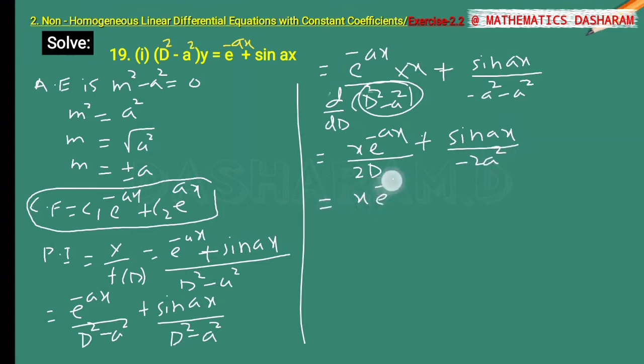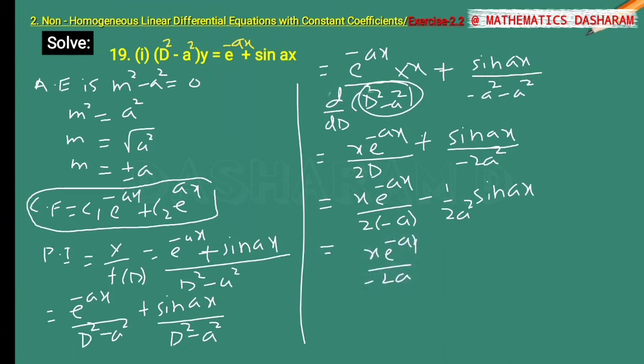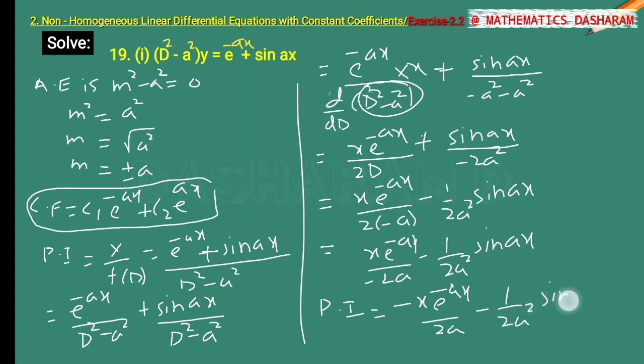Now substitute d equals to minus a: x into e to the power of minus ax by 2 into minus a, minus 1 by 2a square into sine ax. So then the particular integral is minus x e to the power of minus ax by 2a minus 1 by 2a square sine ax.